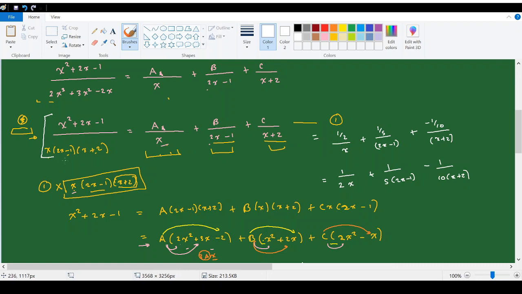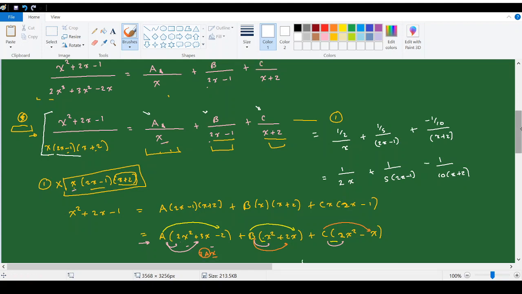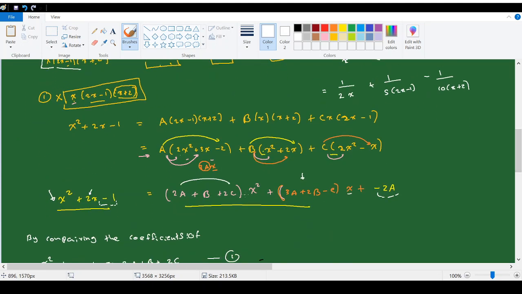Okay, now remember I said to solve for these a, b and c, there are two methods. Okay, so this is the first way of doing it. We just multiply with the denominator and then take the coefficients of similar terms together and then compare the coefficients from left hand side and the right hand side.